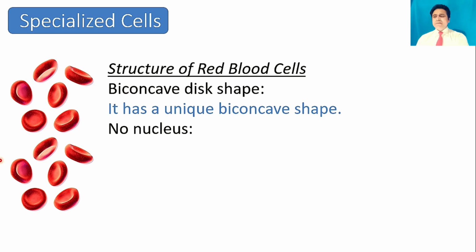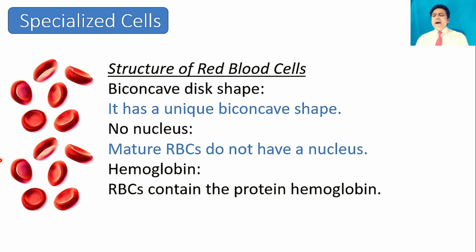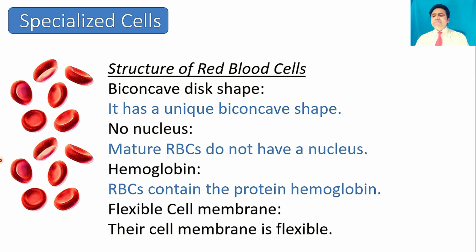No nucleus: mature RBCs do not have a nucleus. Hemoglobin: RBCs contain the protein hemoglobin. Flexible cell membrane: their cell membrane is flexible.